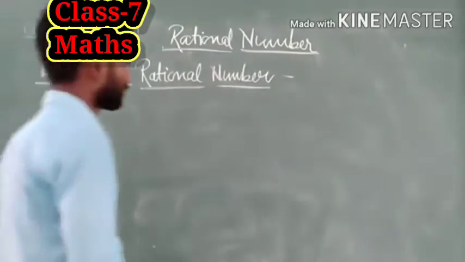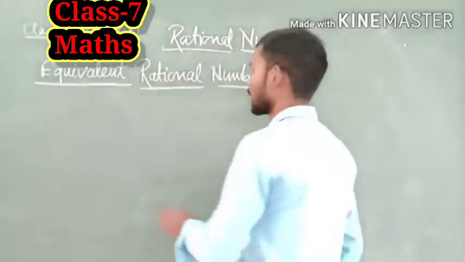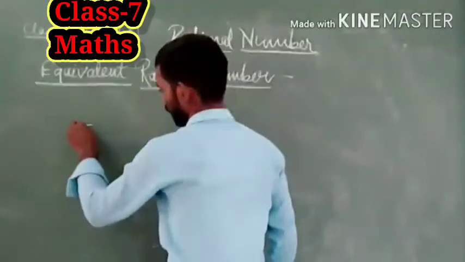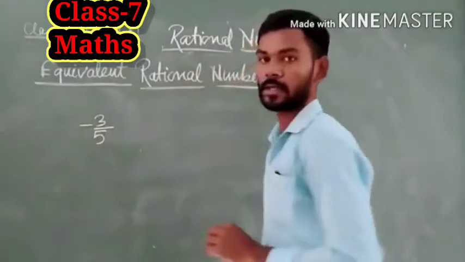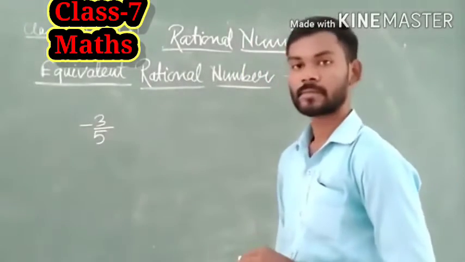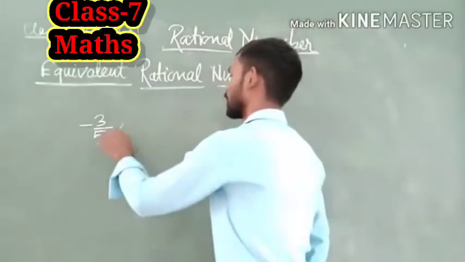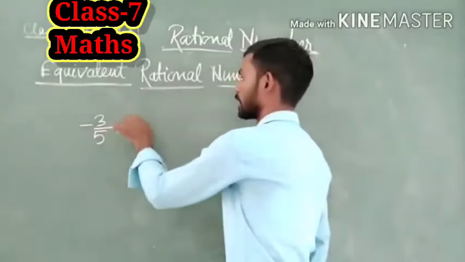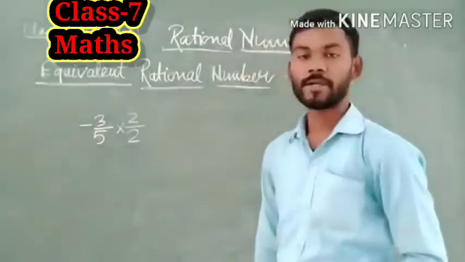Let us see, if I have a rational number minus 3 upon 5, and we find its equivalent rational number, we just multiply the numerator and denominator by the same number.